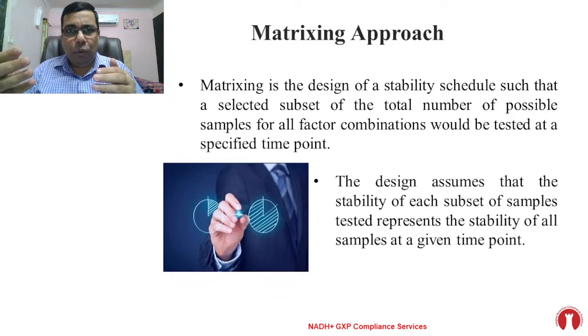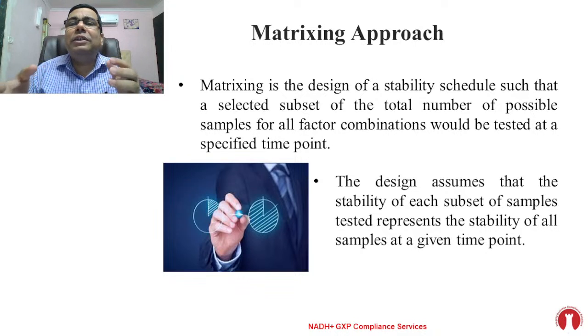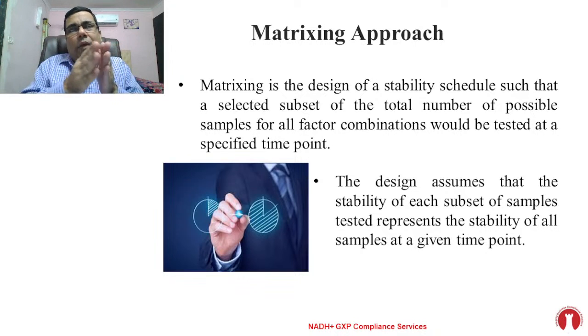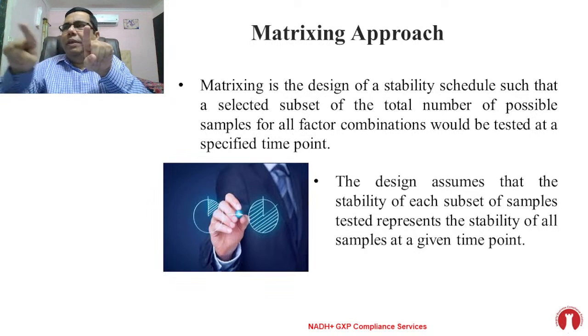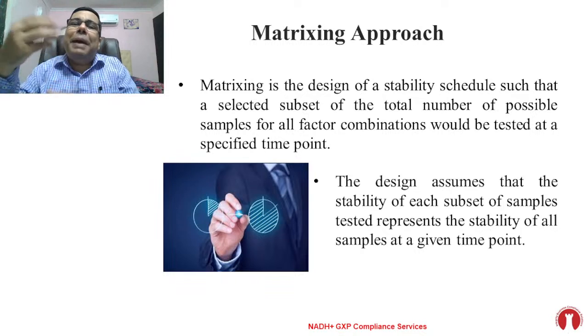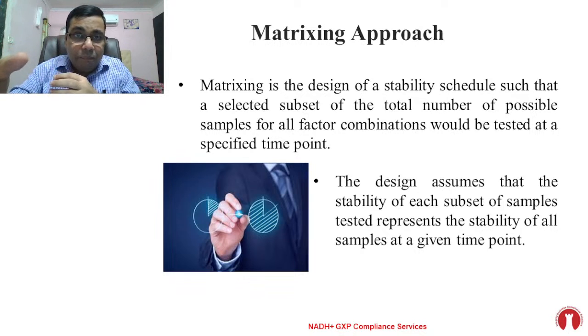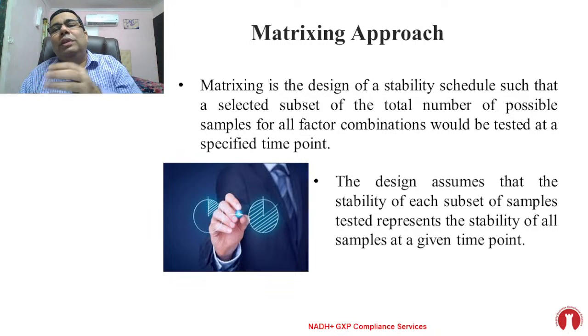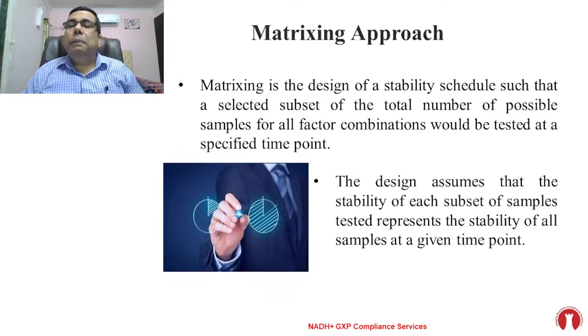You got my point? Let us take the example of 3, 6, 9, 12. Batch number 1, batch number 2, batch number 3, each with 3, 6, 9, 12, right? If you are testing batch number 1 at 3 months, then it is considered that batch numbers 2 and 3 will behave the same way as batch number 1 at 3 months. So that thought is used. This is called the subset of samples, and this thought is used when we are discussing the matrixing approach. Correct?